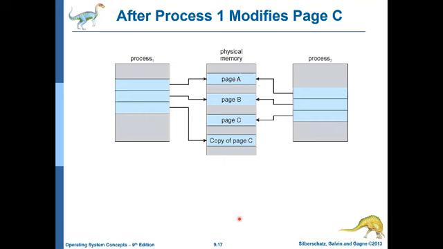Which copy will be the valid one is to be decided later, and that will be written back to the hard disk. Now we know the concept of demand paging and the concept of copy on write, which is the example shown here.